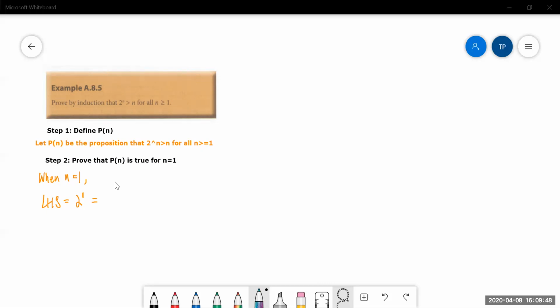Which is more than n, which is more than 1. Basically that's what you should write. Which is more than 1, equals to right-hand side.